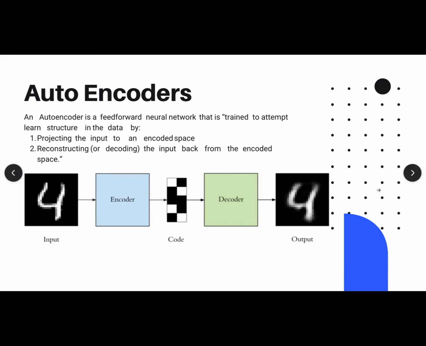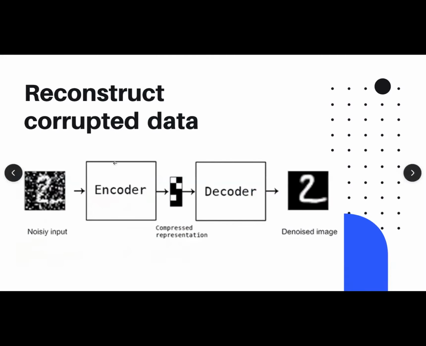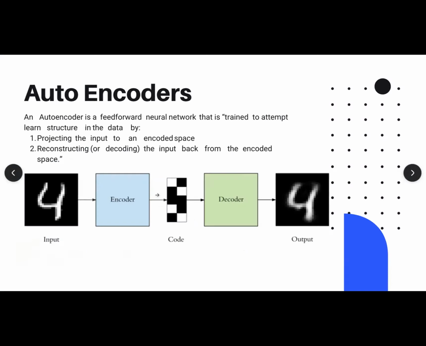We will see later, for example in denoising autoencoders, how we can take a noisy image and go to a non-noisy image just through the power of learning. You take the input and learn from the data itself what makes the data the data.